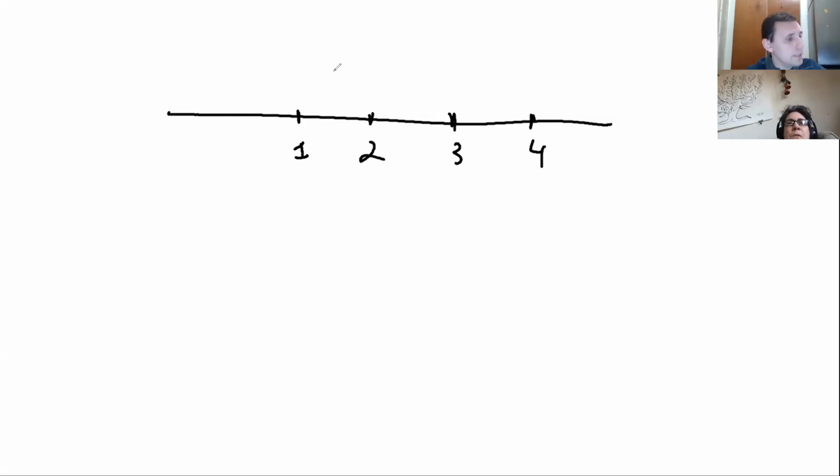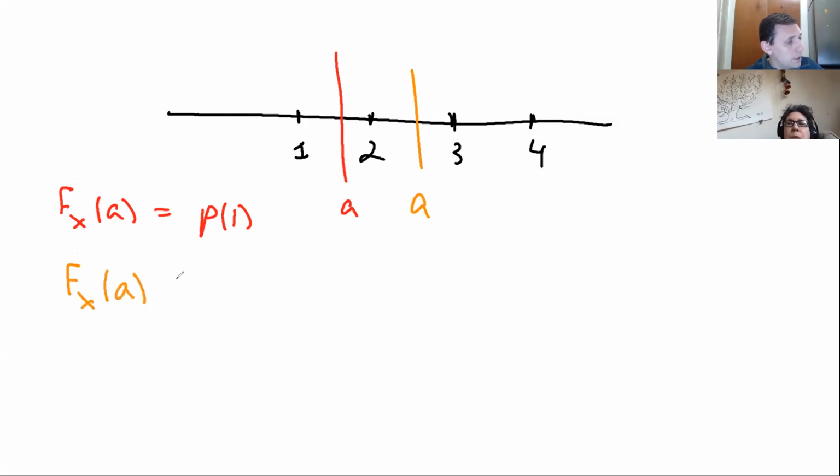Now, what happens if I select my value over here, at 1? So if this is my a, then F_X of a will be simply the probability of 1. If I were to select my a at or beyond 2, but below 3, then this is my new a, then the probability of that new a will be the probability of 1 plus the probability of 2, and so forth, right?